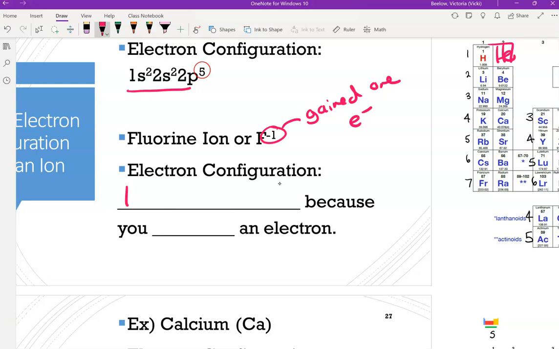Instead of 1s2, 2s2, 2p5, because you gained that 1 electron, this would become a 6, because these numbers that we've been writing represent the number of electrons.